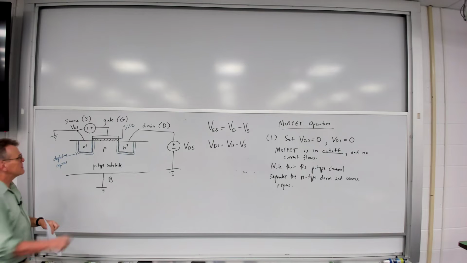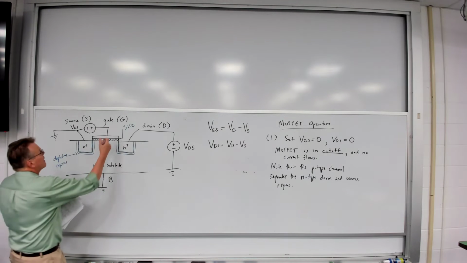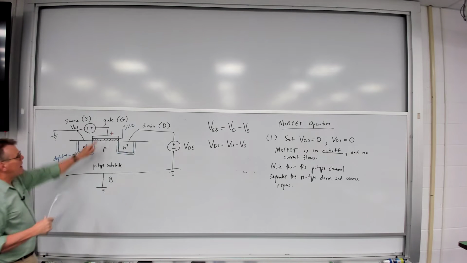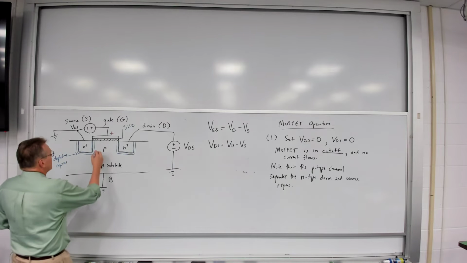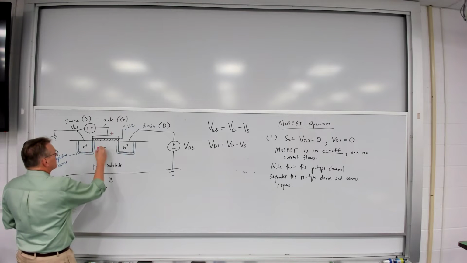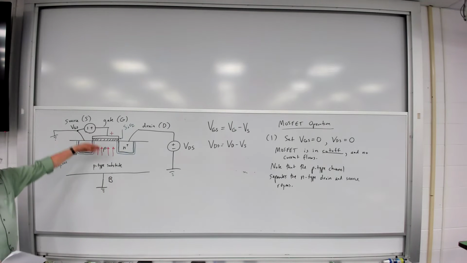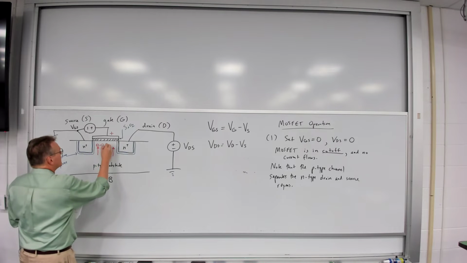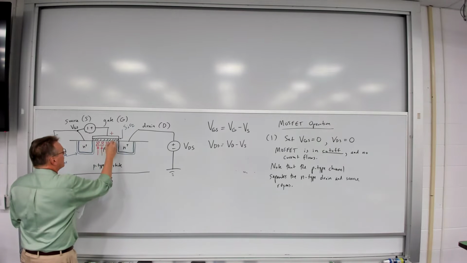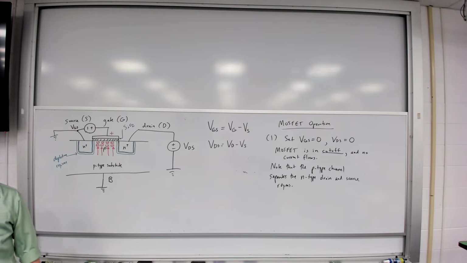So what's going to happen is, as I start to have an increasingly positive voltage on that gate, what I'm going to find is electrons, the free electrons that are in that P-type substrate, are going to be attracted. And they're going to begin to accumulate underneath that gate.